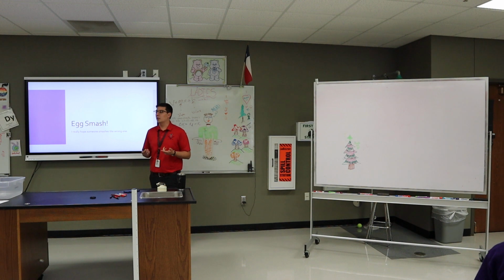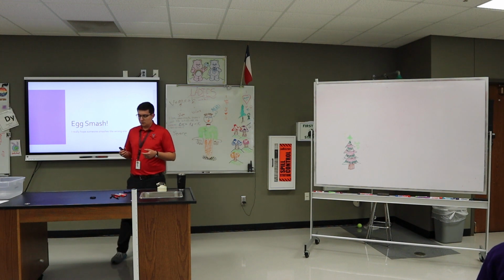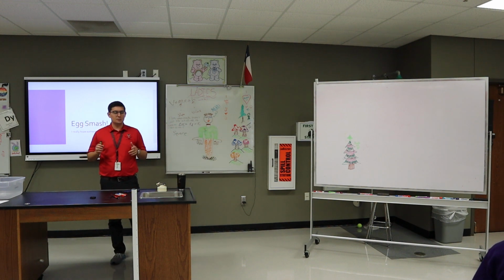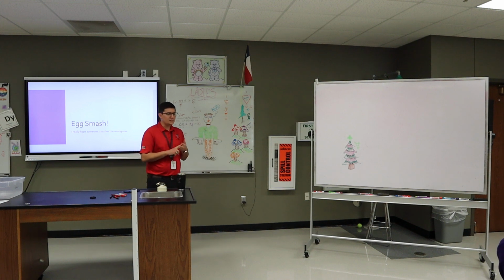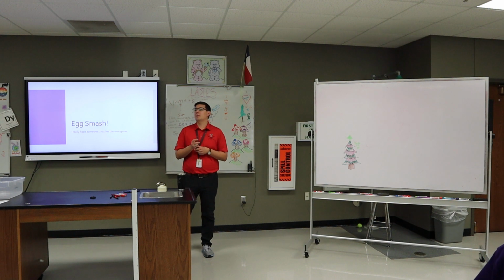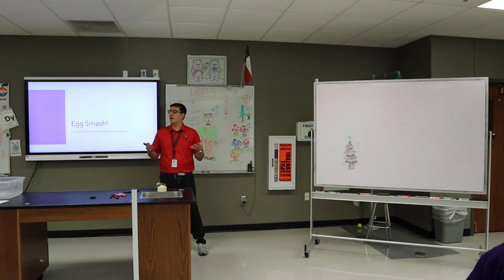Now, the reason for this, what I'm trying to get across to you guys with that activity, is that they both have reasonably the same mass and the same dimensions. What's different is how that mass is distributed inside the egg. With the boiled egg, it's all stationary, it can't move. But with the raw egg, when you try to spin it, the mass redistributes to the outside, and that makes it harder to spin.